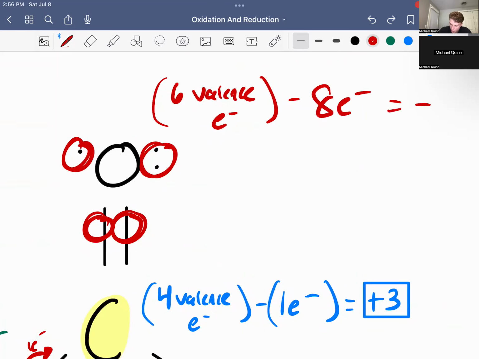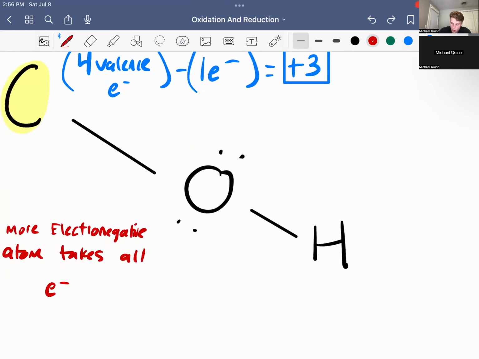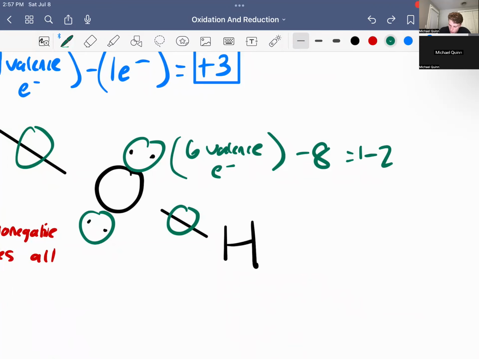So it will have an oxidation state of -2. This oxygen right here also wants 6 valence electrons, and it has 2, 4, 6, 8 electrons. It is more electronegative than carbon and hydrogen. 6 minus 8 is -2.